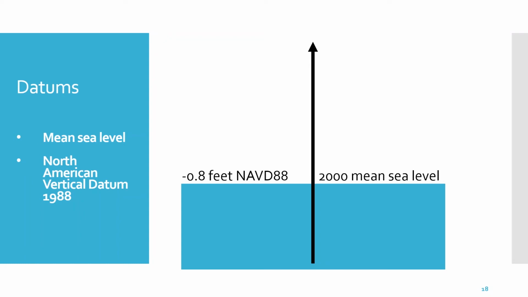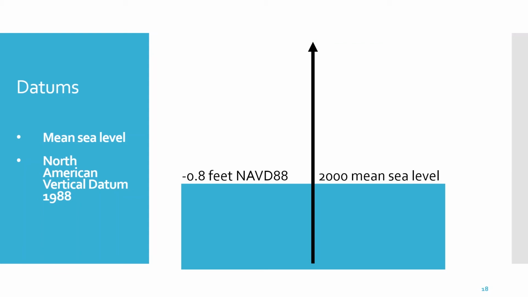This is actually the 20-year range that represents the tidal epoch that the 2000 mean sea level elevation is determined from. Remember, 2000 mean sea level is the starting elevation for the unified sea level rise projection.